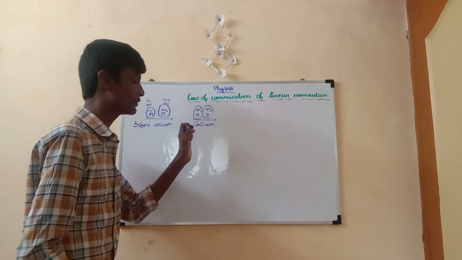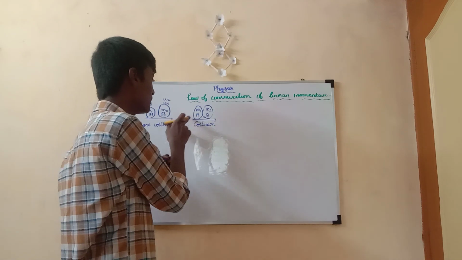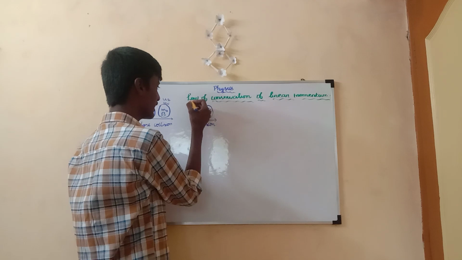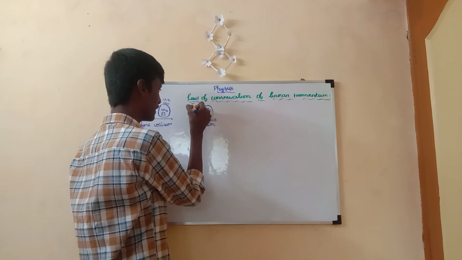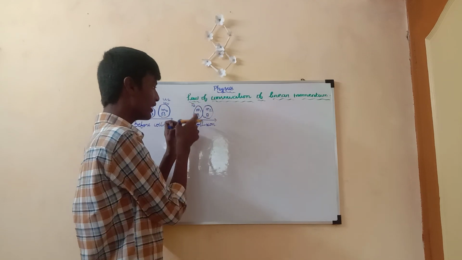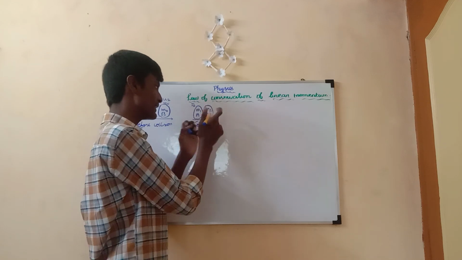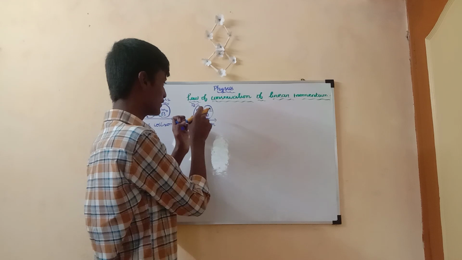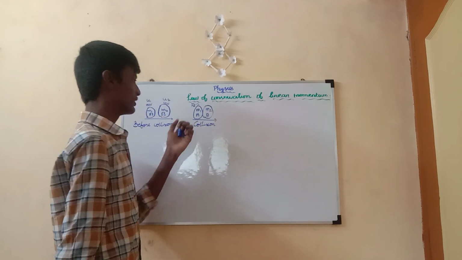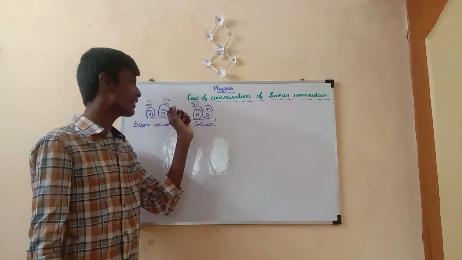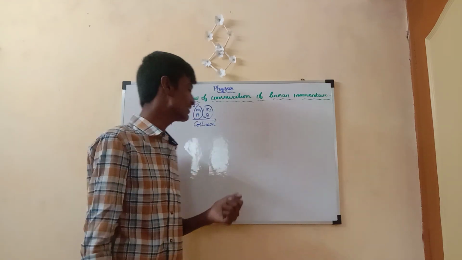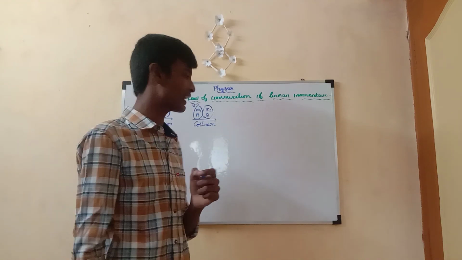So these are the two assumptions. Then object A will be attracted to this object. Then a force is created here, Fa. Object A exerts a force on object B, am I right? Yes. So it puts a force upon object B. According to Newton's third law, every action has an equal and opposite reaction.